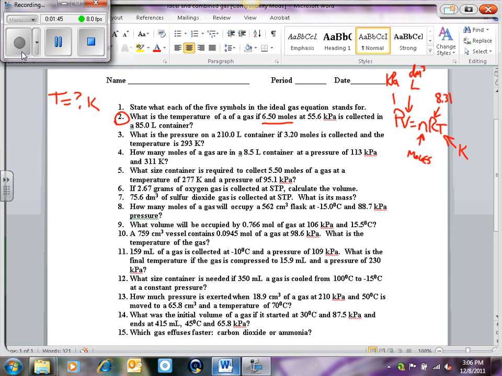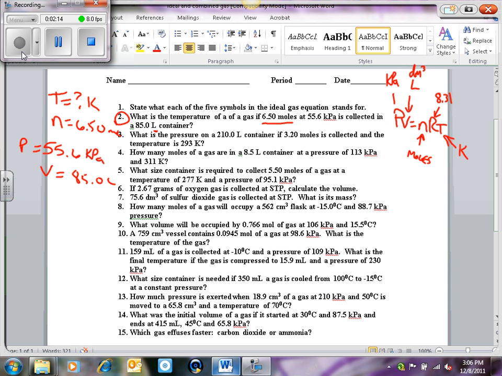With 6.50 moles of a gas, we see that we have 55.6 kilopascals. Yes, that is a pressure, and it's in the units that I need. I don't have millimeters of mercury, so I can use that number right away. And we have an 85-liter container. It's in liters, so my volume is 85.0. Don't forget about sig figs here.